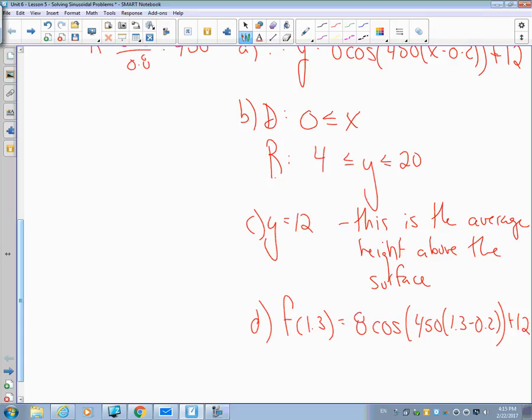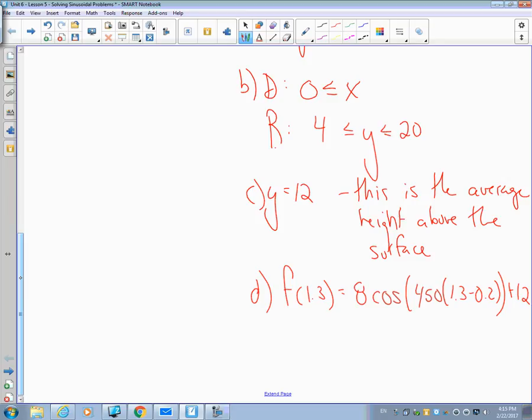We can simplify the bracket if you want to, or just use brackets in your calculator. If you punch it in, we should get 6.34 centimeters. So now we're actually using our equation, not just building it, but using it for a purpose. We can evaluate where that ball is at certain points along the function.